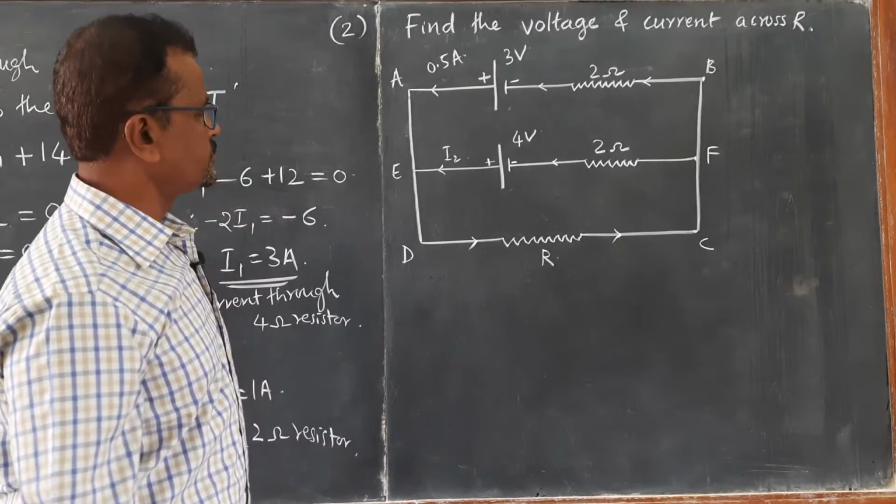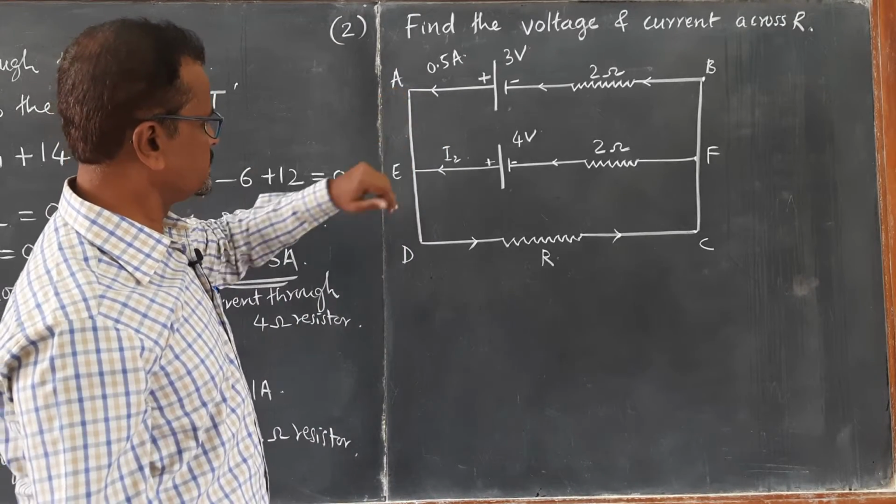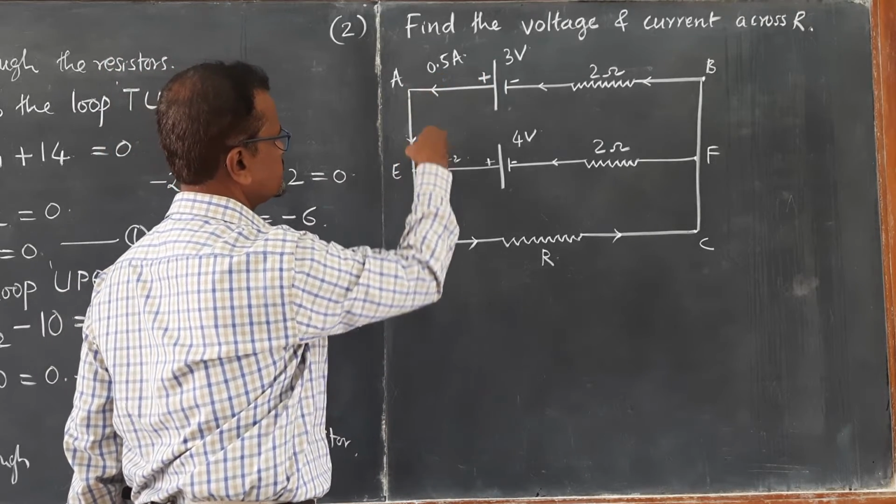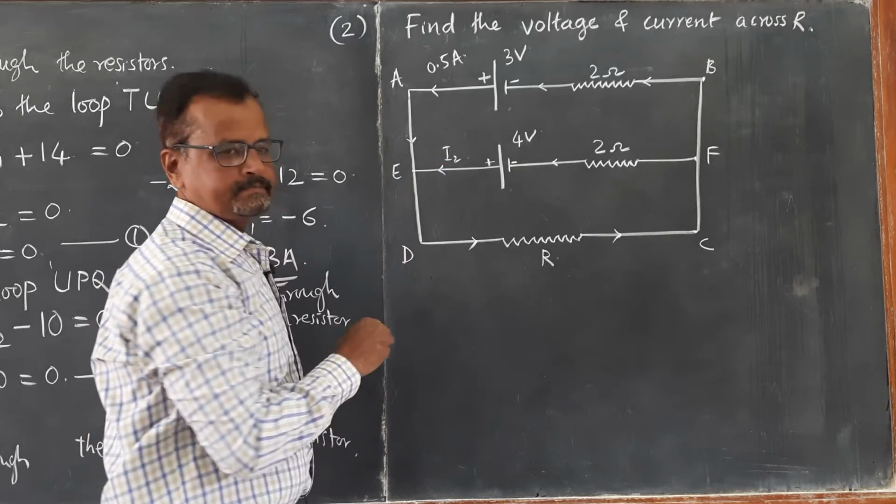First, at junction E, see the currents which are flowing down like this, these are the currents which are joining.